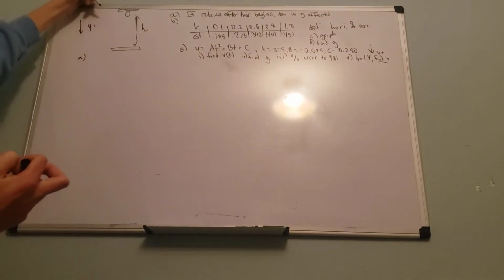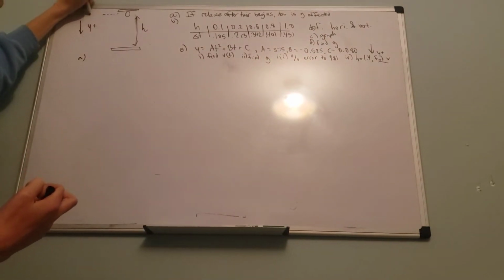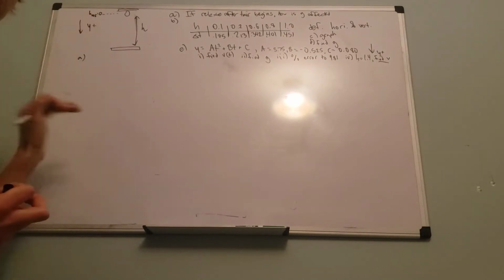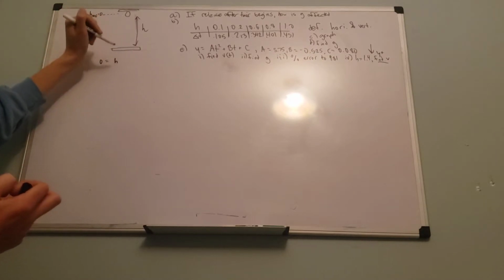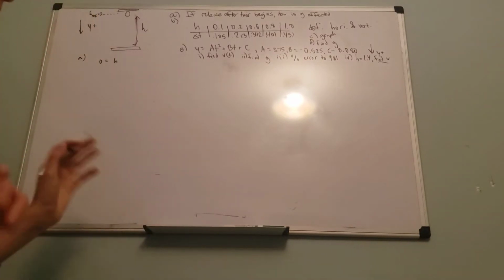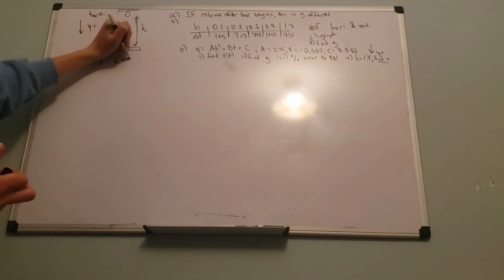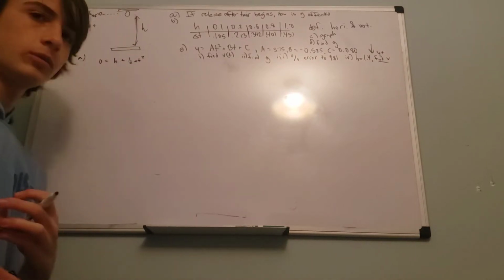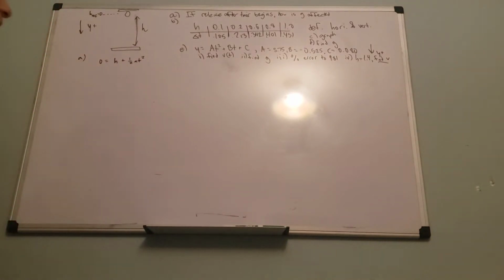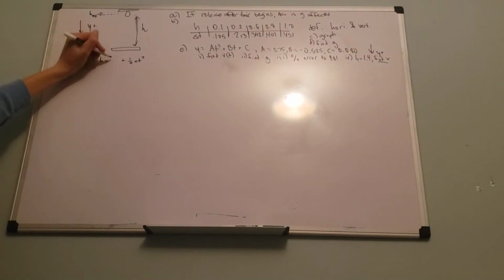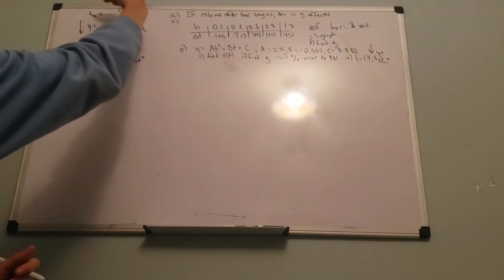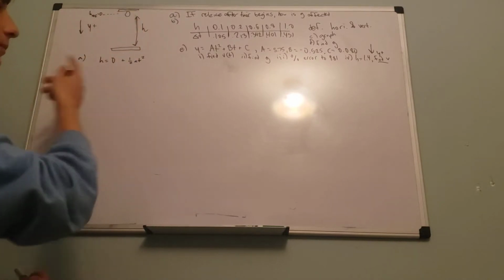So if we set our reference equal to 0 up here, our initial height is 0, our initial velocity is 0, the ball starts at rest, and then we've got a plus 1/2 a t squared. Oh, whoops, sorry, I forgot y is negative. Our final height is actually h, because we're starting from 0 and we're going down h. So h equals 0 plus 1/2 a t squared.